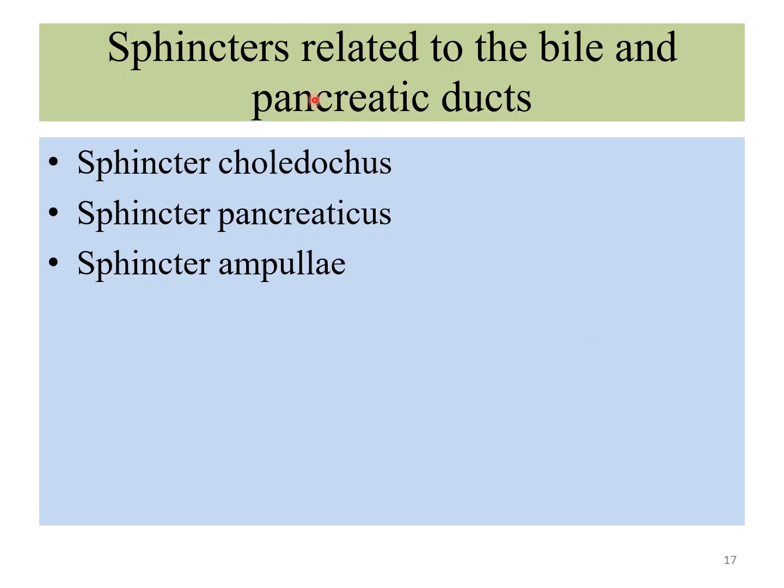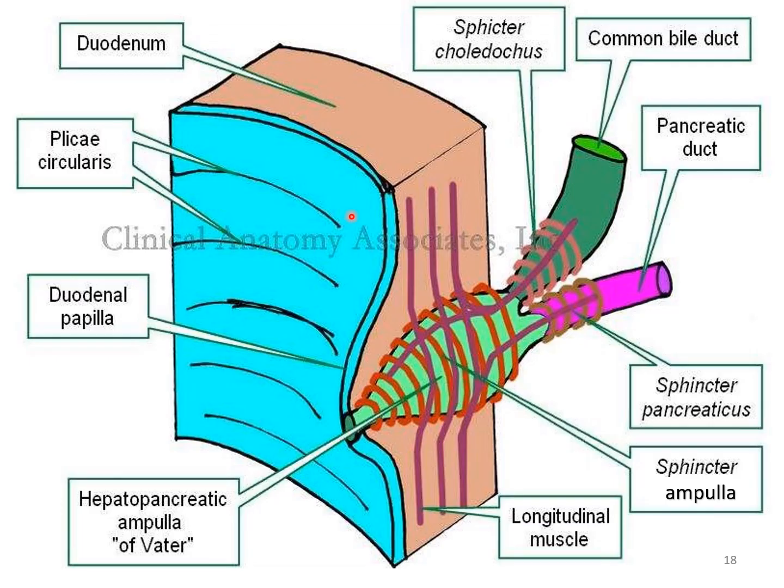Coming to the sphincters related to the bile and pancreatic ducts, there are three important sphincters: the sphincter choledochus, sphincter pancreaticus, and sphincter ampullae. Here you can see the three sphincters. This is the common bile duct. See here the ring arrangement of smooth muscle at the end of the bile duct, that is called the sphincter choledochus. This is the pancreatic duct. This is the end of the pancreatic duct.